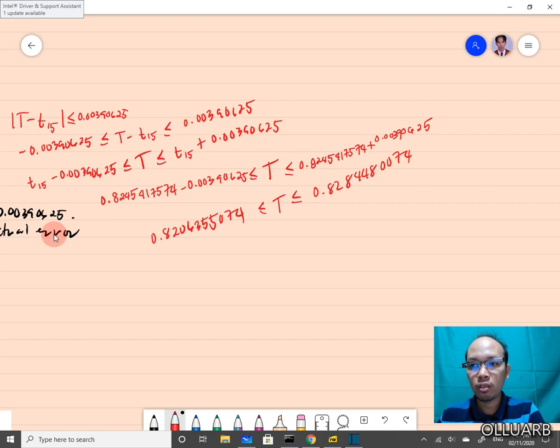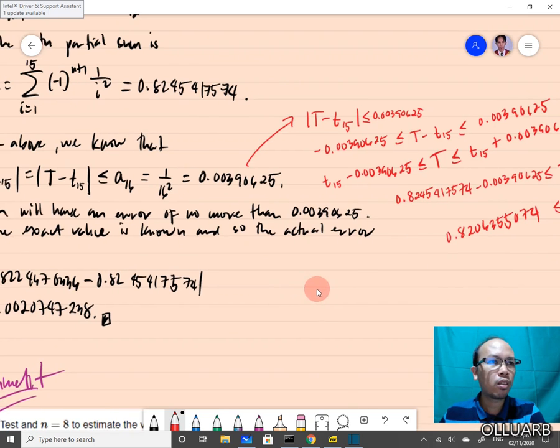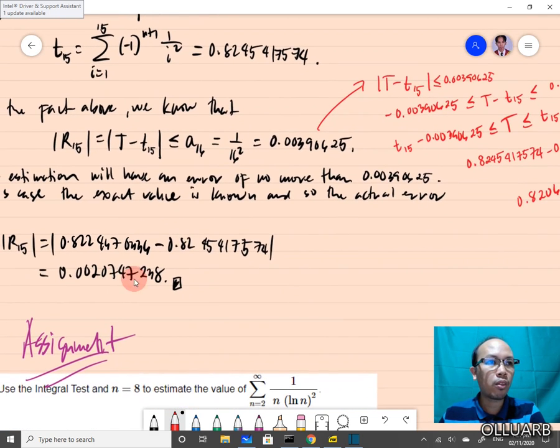So what is the actual error in the discussion? So can we move now? This is the actual error. This is the estimated error. As you can see, this is bigger than the actual error, so that will be the case.